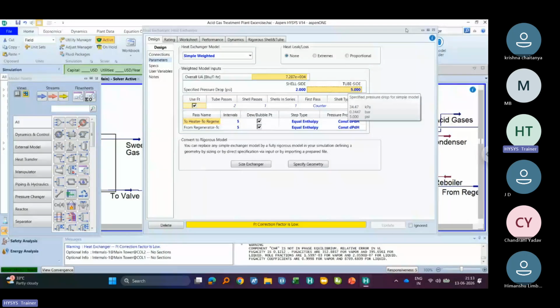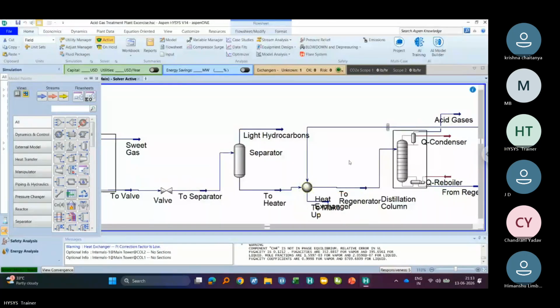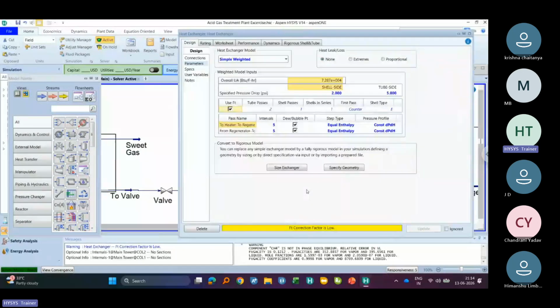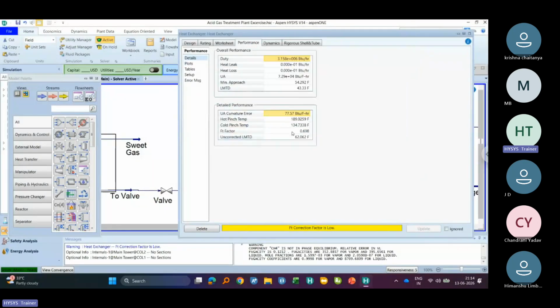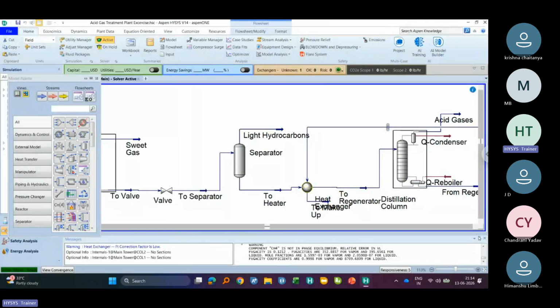So these are the specifications. Now you can see that our heat exchanger is now converged with all the streams, but it is still showing that error, FT correction factor low. We have discussed this error. Go to this performance tab. You'll see that this FT factor is 0.698, which is low. So that's why it is showing that error of FT correction factor low.